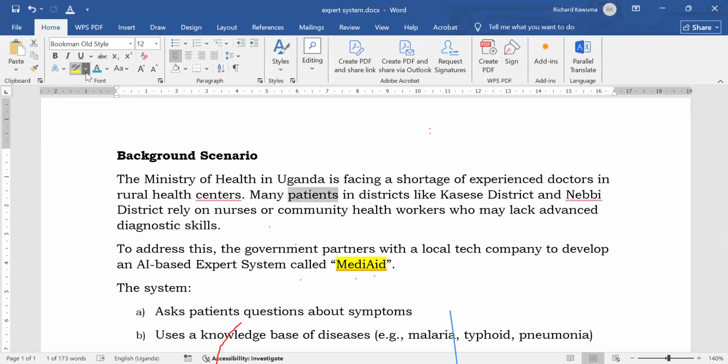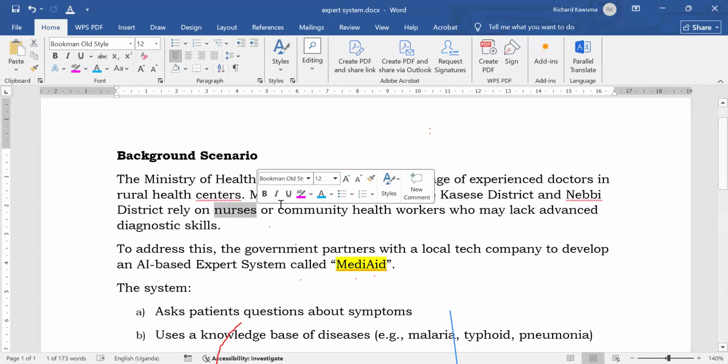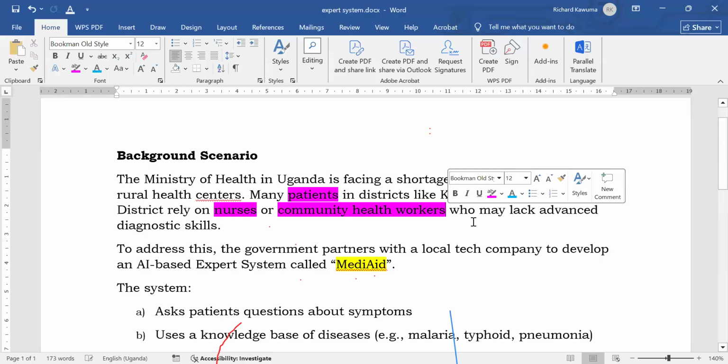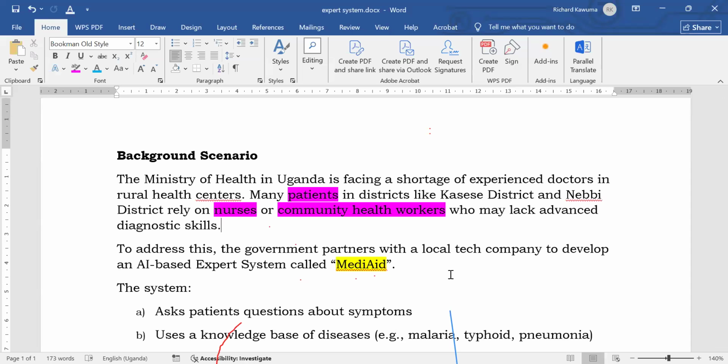Many patients in districts like Kasese rely on nurses. Now, the nurses are available. That is the second category. Or community health workers. So that is the third category. So the users here who are available are the patients, nurses, and community health workers.